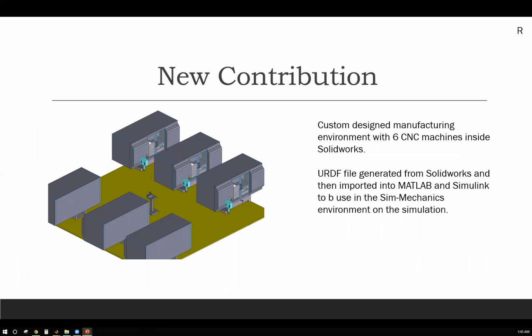So the custom design manufacturing environment has the 6 CNC machines, and part of the new contribution as well is that we were trying to use VRealm and the available software made specifically for this environment.